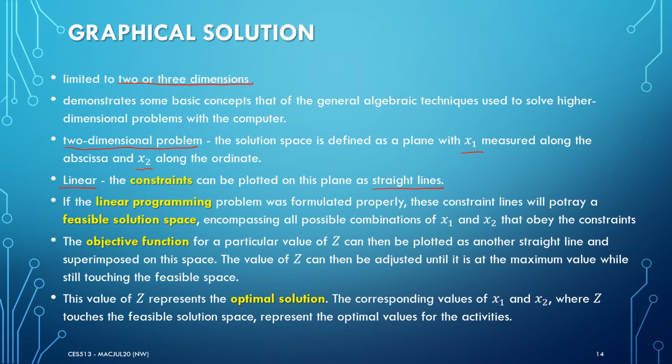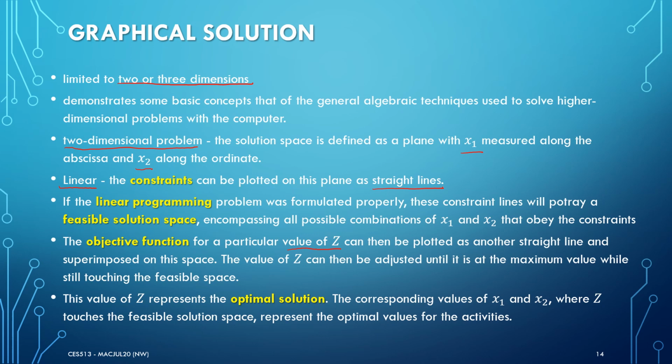If the linear programming problem was formulated properly, that is, it has a solution, these constraint lines will portray a region called the feasible solution space, encompassing all possible combinations of x1 and x2 that obey the constraints. The objective function for a particular value of Z can then be plotted as another straight line and superimposed in the space.